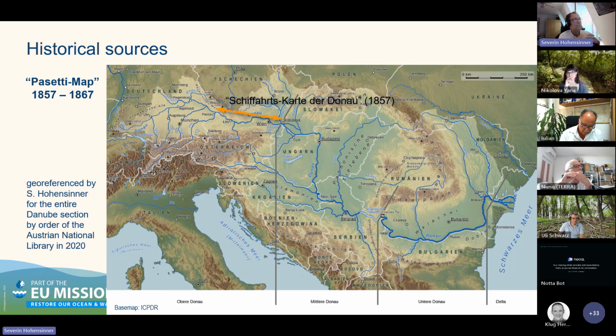It was also made in color, but the geographical position is awful. And what is known as the Bassetti map is later, from 1862 to 1867, downstream to the end of the Iron Gate. And yeah, I georeferenced it.